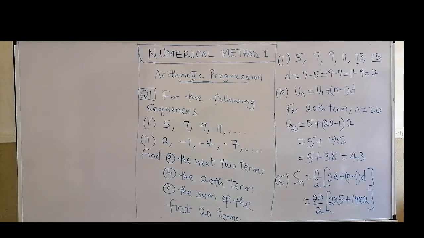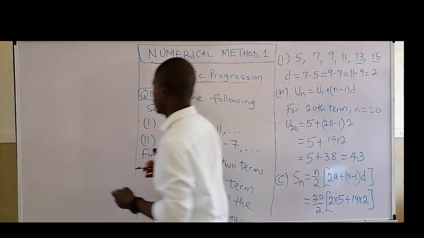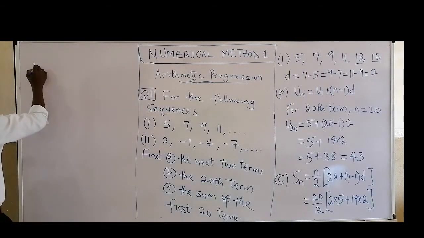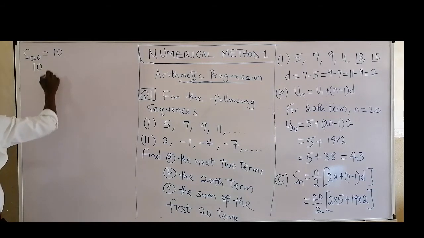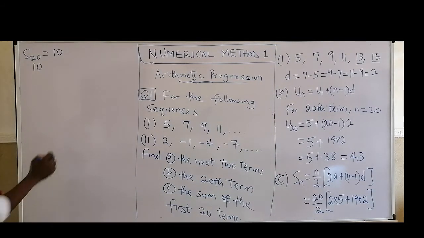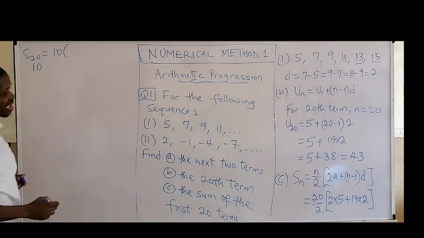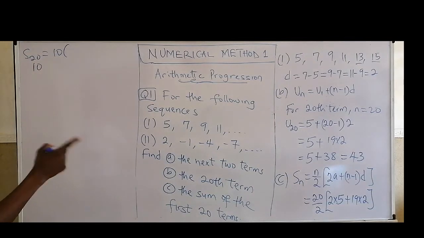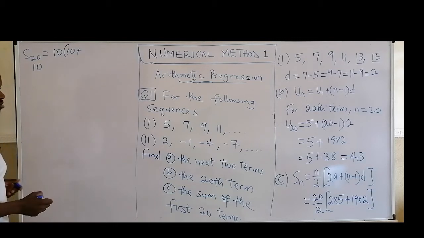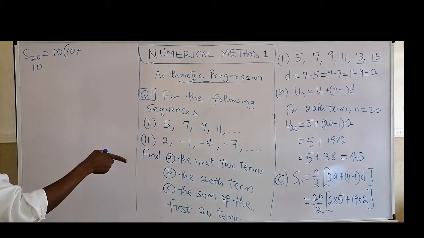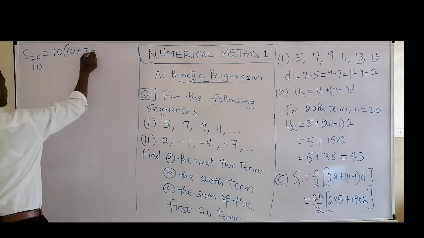And that will give me 20 over 2, that will be 10, into brackets 2 times 5, that's 10, plus 19 times 2, that's 38.